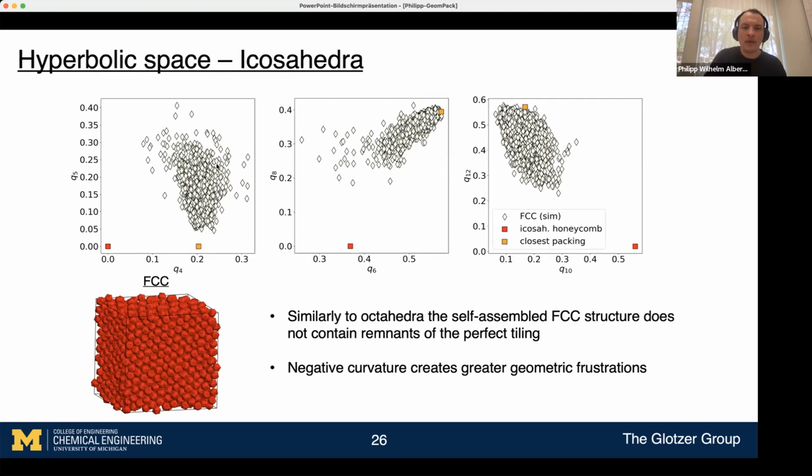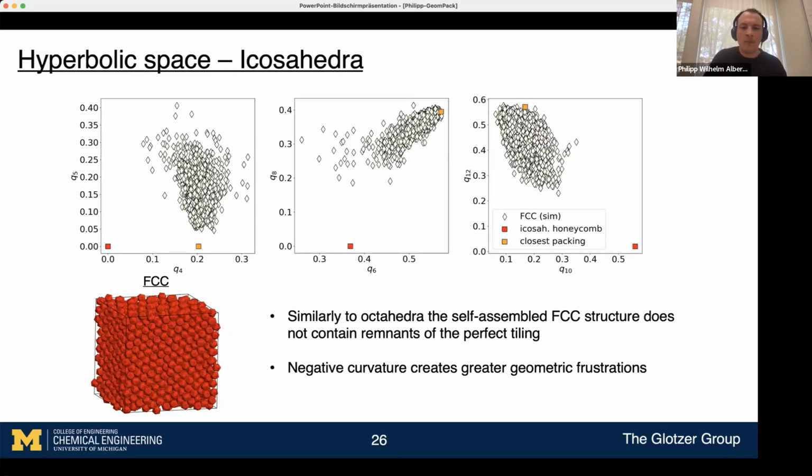Because you can see, especially in this plot, that the particle environments don't occupy the region of the perfect tessellation at all.